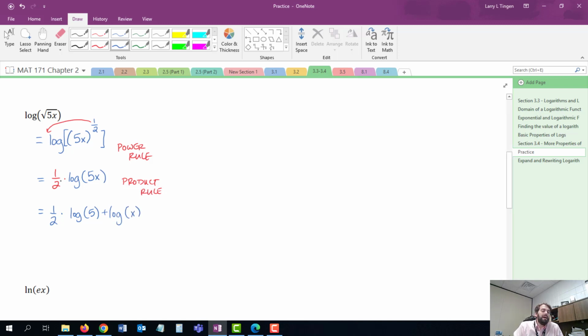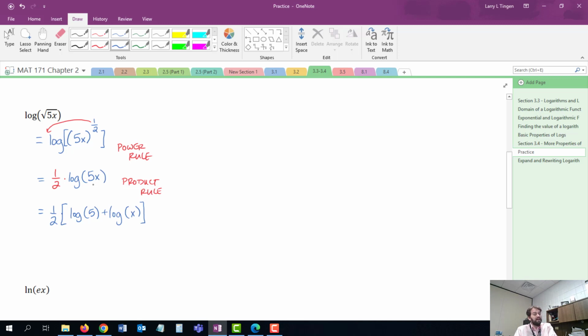Now, that 1/2 is multiplying log of 5x. So whenever I have a coefficient and I have a log that I can break up using the product rule or the power rule, I do need to indicate that the 1/2 applies to the result, right? Log of 5x is the same thing as log of 5 plus log of x.